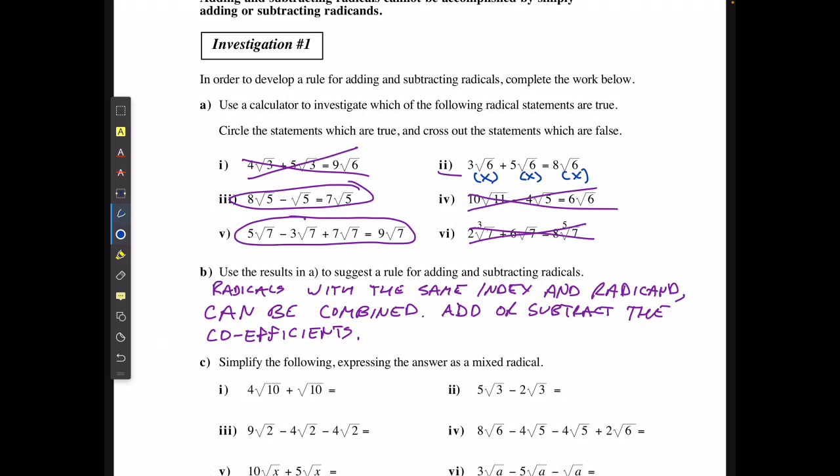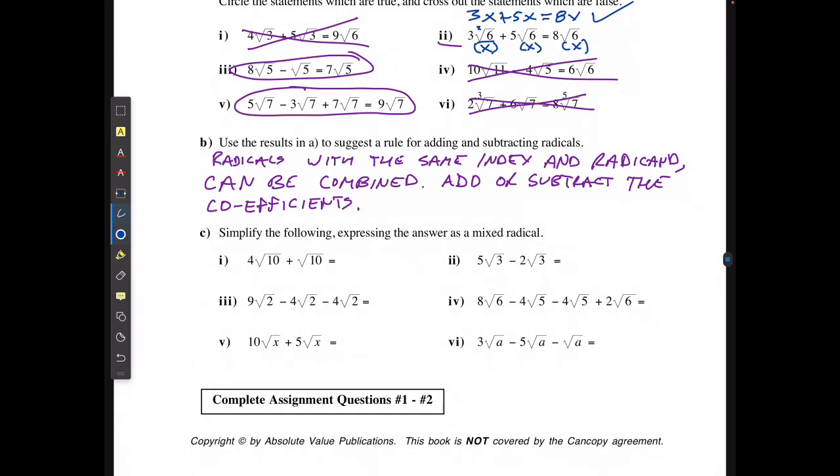This would be the same as 3x plus 5x is equal to 8x, which I know would be true. So if I think of the radicals, as long as they're identical, same index, same radicand, as being just a variable because it represents the same number every single time, I would add or subtract them the same way that I would variables.